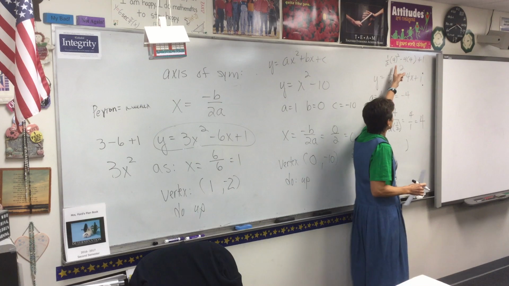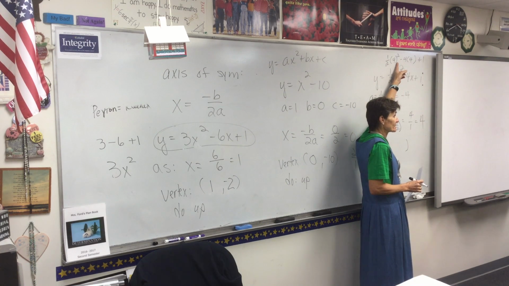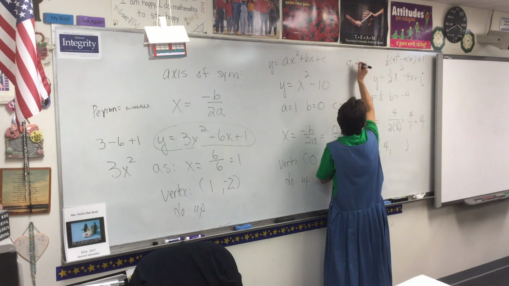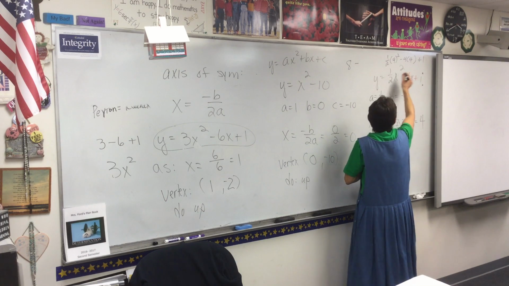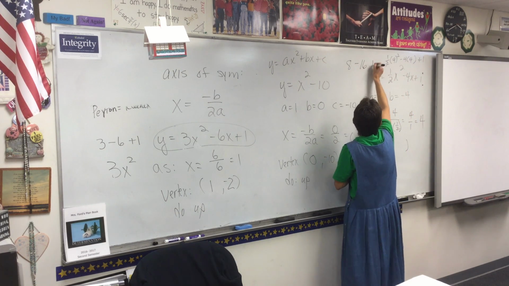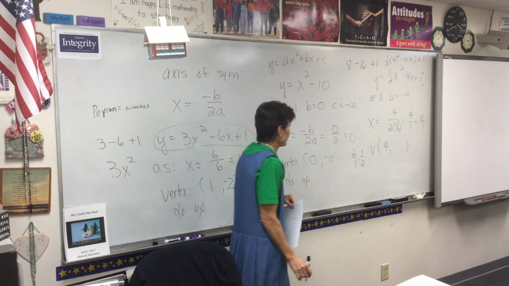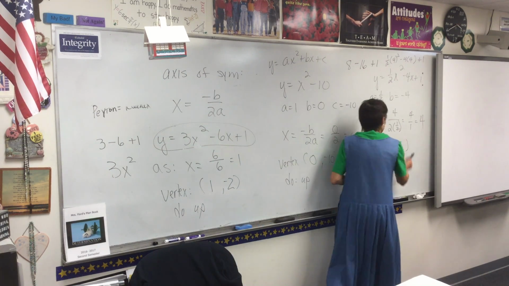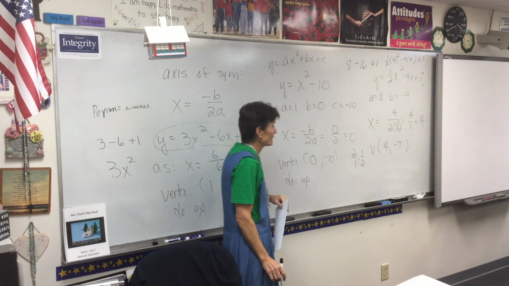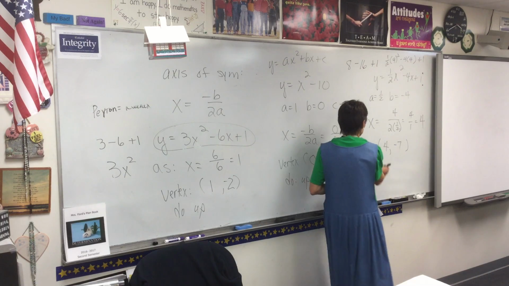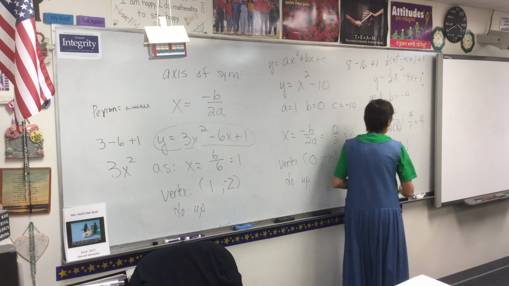PEMDAS. Square first. So that's 16 times 1/2, 8. 4 times 4. I heard somebody say -7 earlier, and you were exactly right. That's -7. So your vertex is 4, -7. And which way do we open? Up.